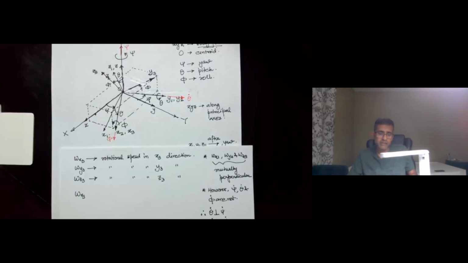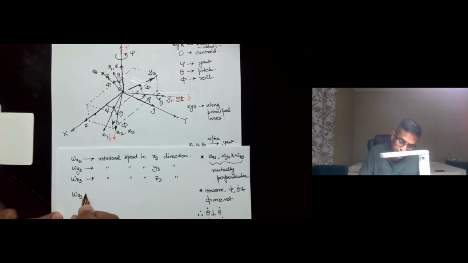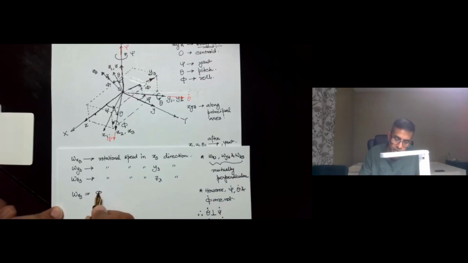Now, with these observations, when we express omega x3, we have to note that omega x3 is the net angular velocity of this rigid body about the x3 direction. And so there is going to be the phi dot term.